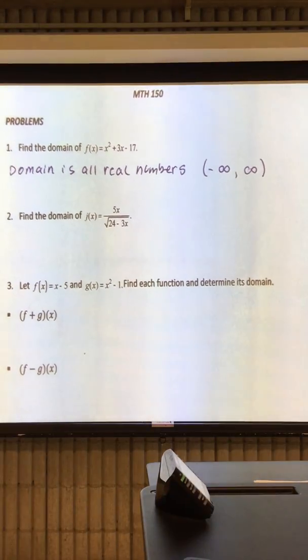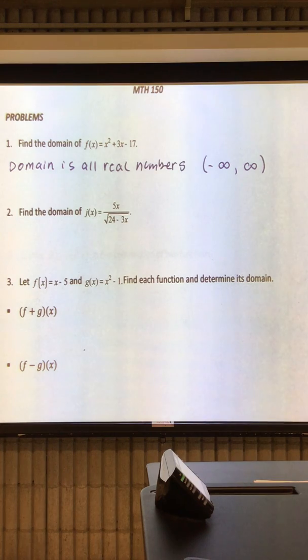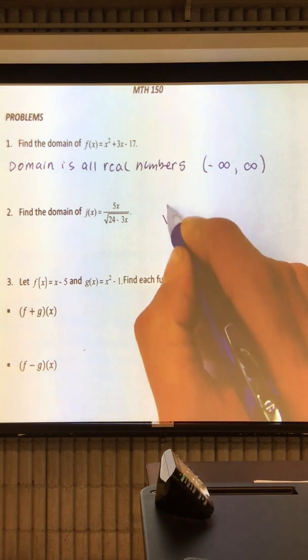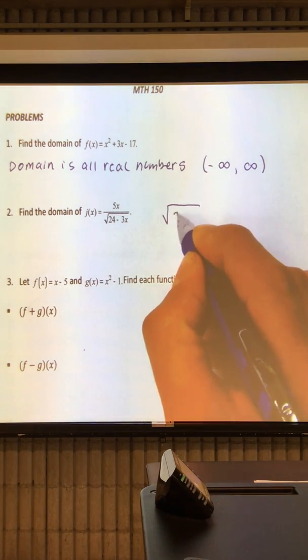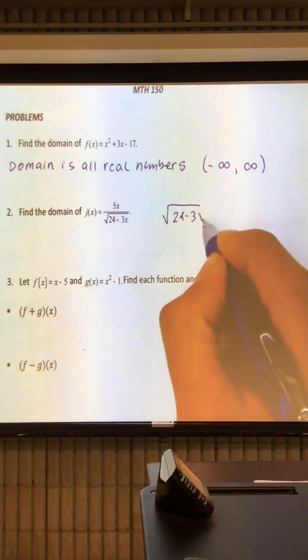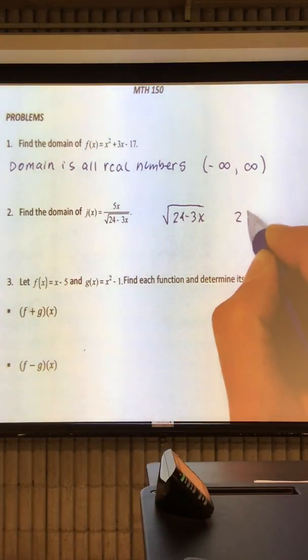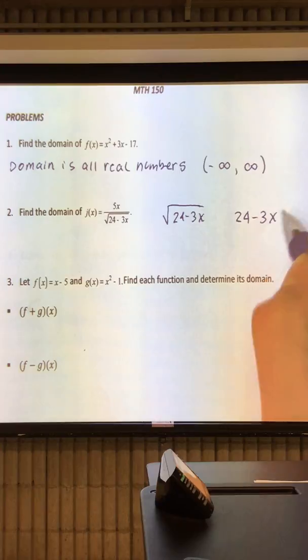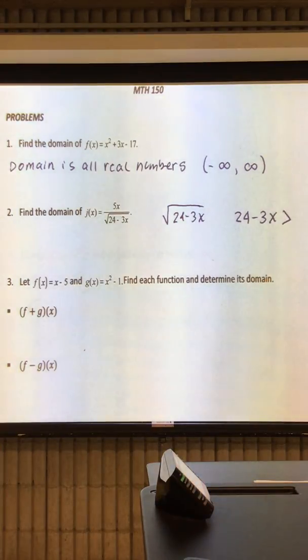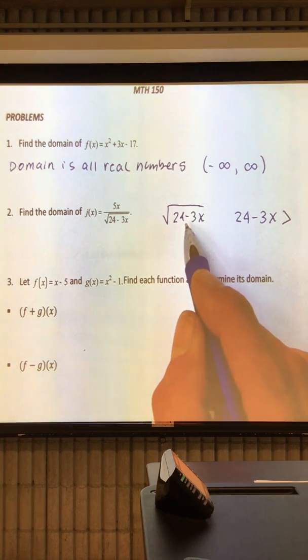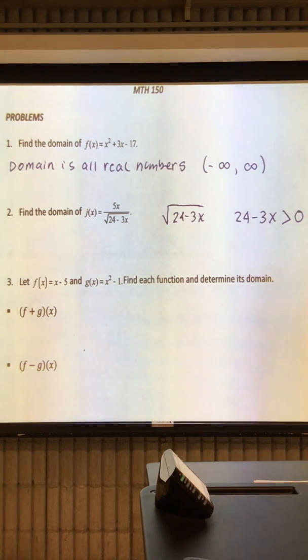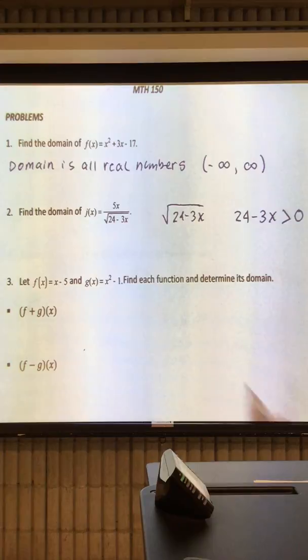Problem 2. Find the domain of the following function. Here we have to focus on the denominator, square root of 24 minus 3x. Now normally, 24 minus 3x, what is under the square root, can be greater than or equal to 0. But since this represents a denominator, we have to have 24 minus 3x strictly greater than 0.